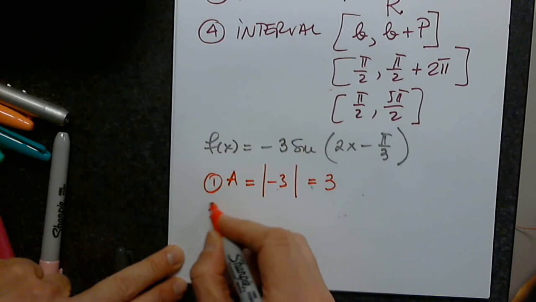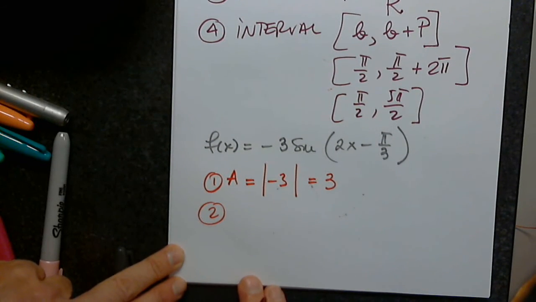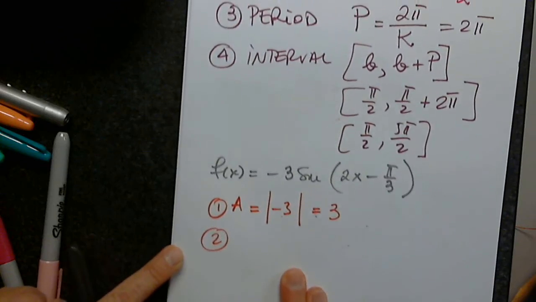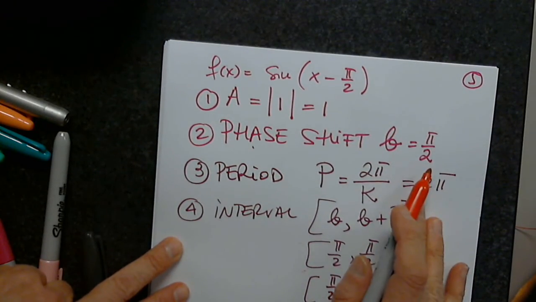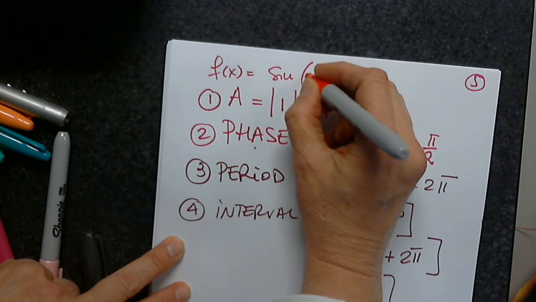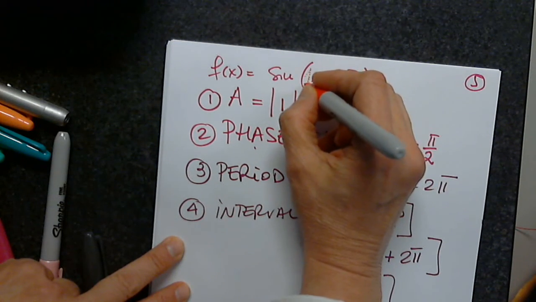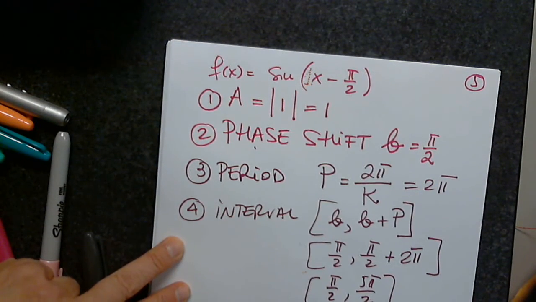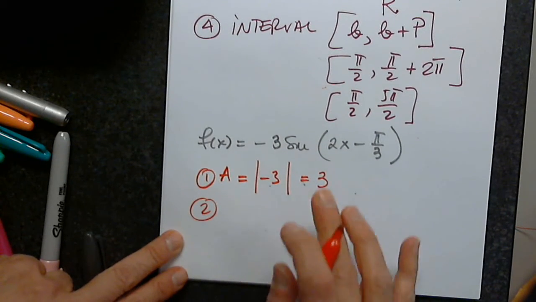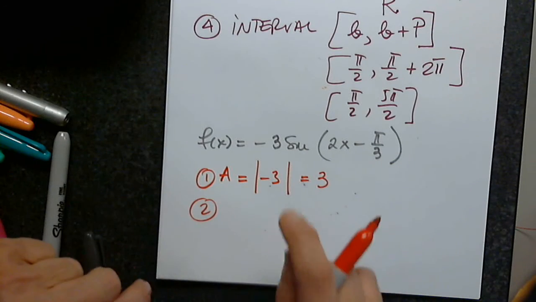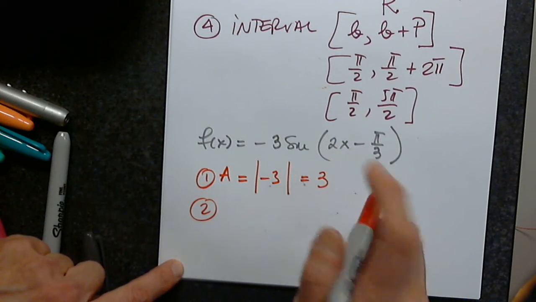Number 2, the phase shift. Do not say anything. Let me explain why. The phase shift cannot be identified before I make sure that the leading coefficient of x is 1. So then, what should I do here? Remember, sine is applied to this quantity.